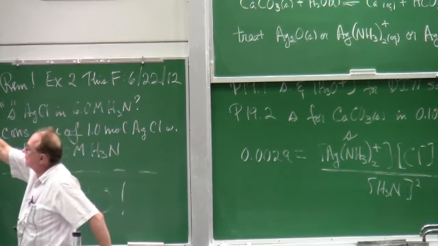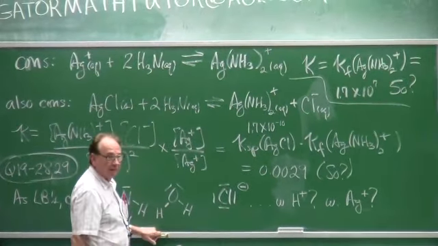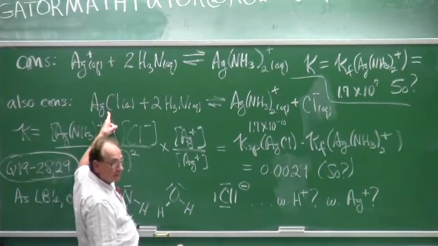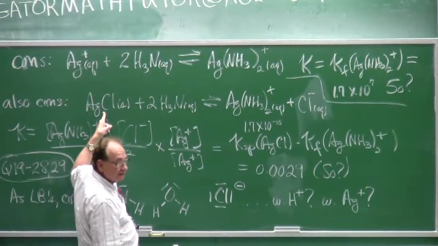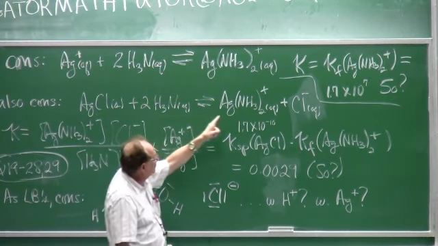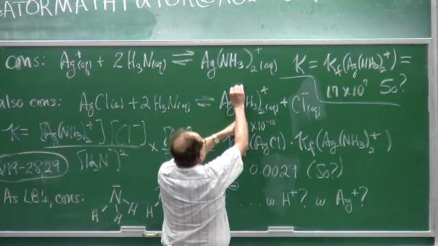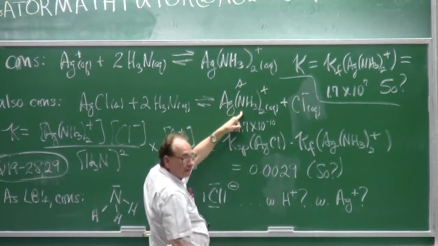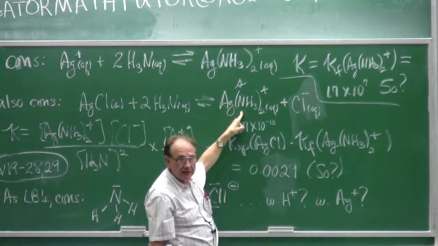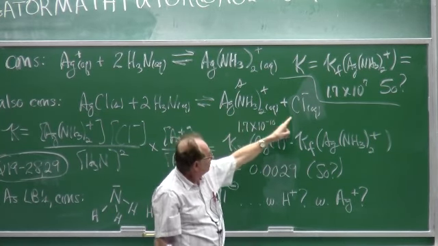What's this reaction tell us? We treated this with ammonia and represented the resulting equilibrium molarity of the silver ammonia complex ion as S. There's no chloride ion initially in the solution for the system.